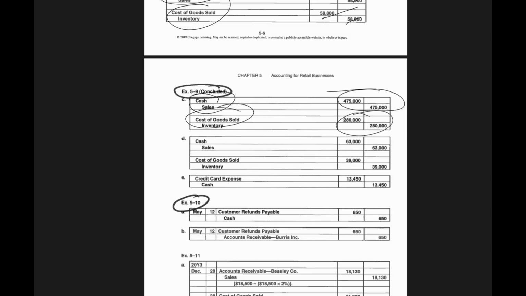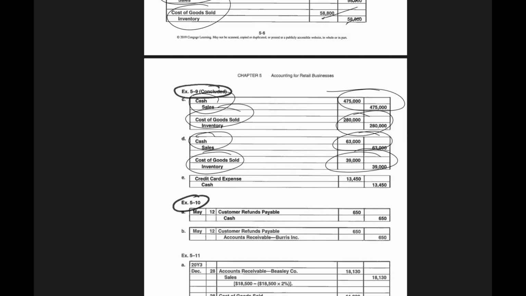Letter D, sold merchandise to customers who use American Express. Again, cash, $63,000. The cost was $39,000. Here's your cost, $39,000. You see A through D are very repetitive, virtually all the same.